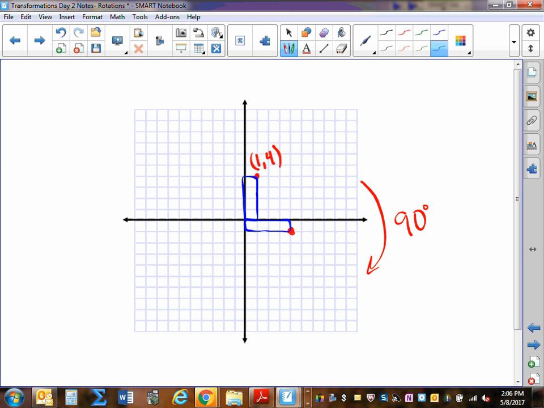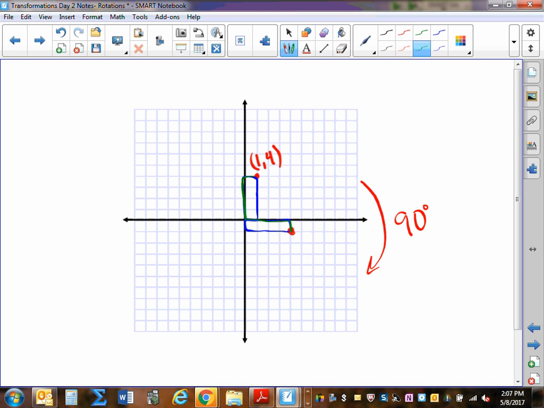The right side ends up being on the bottom side. So that's another method that some students have used. Also, some students think of it this way: up 4, over 1, over 4, down 1. Some people will just take that L shape and flip it around. So those are common visualization ways.